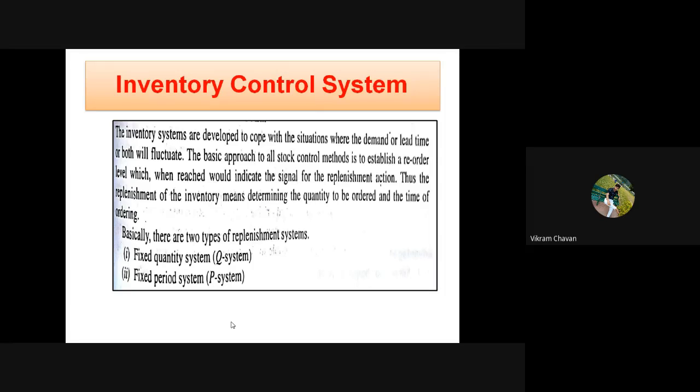The basic approach to all stock control methods is to establish the reorder level, which when reached would indicate the signal for the replenishment action. Thus, replenishment of the inventory means determining the quantity to be ordered and the time of ordering. Two important factors for the control system.